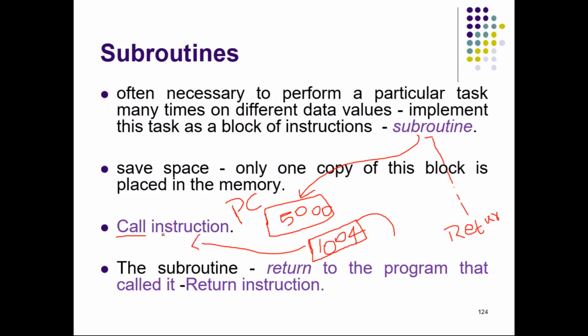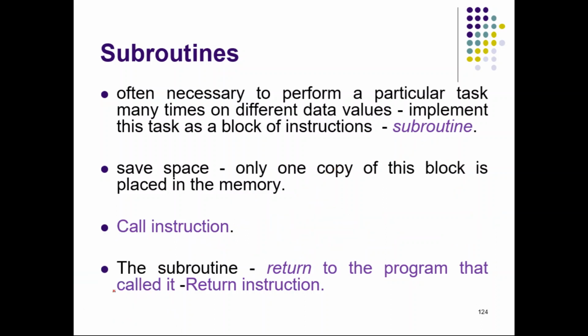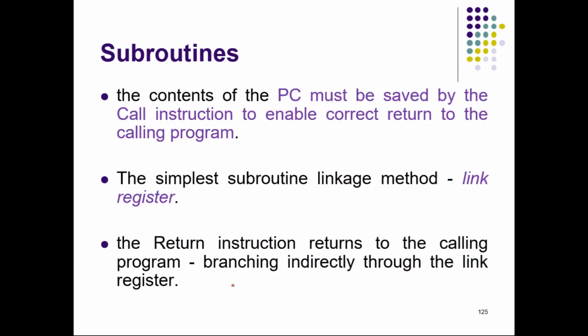That is, it will just continue from the instruction that follows the call instruction. So this is how subroutines are executed through call and return instructions. As I have already said, during the call instruction, the PC must be saved by the call instruction to enable correct return to the calling program.